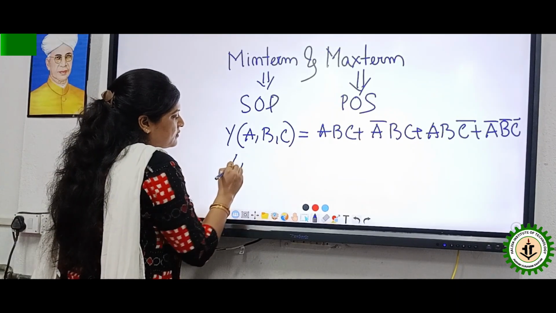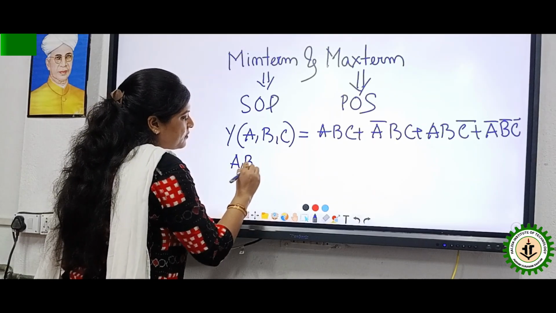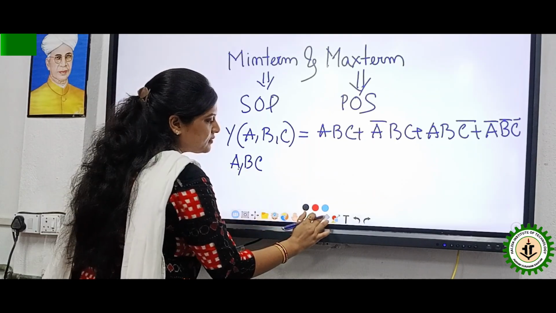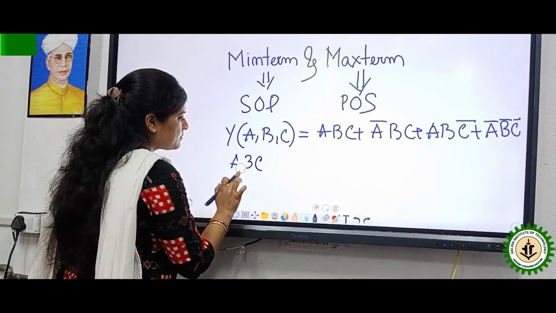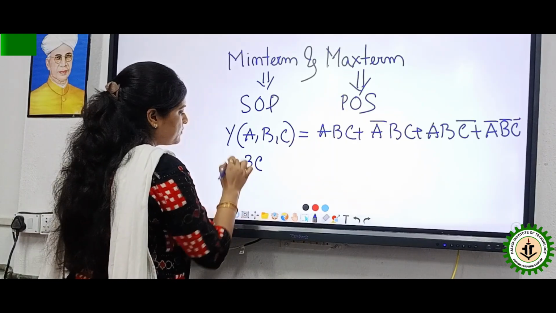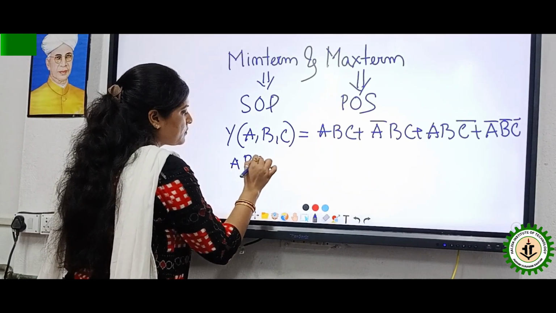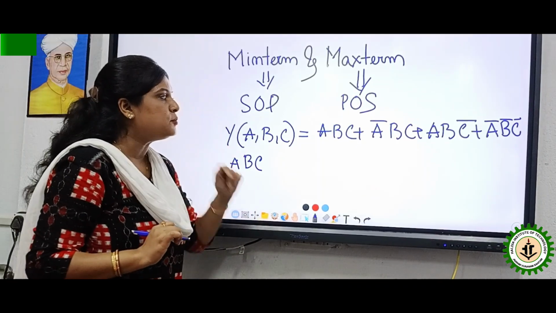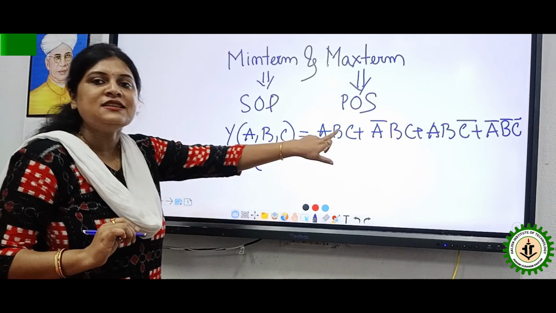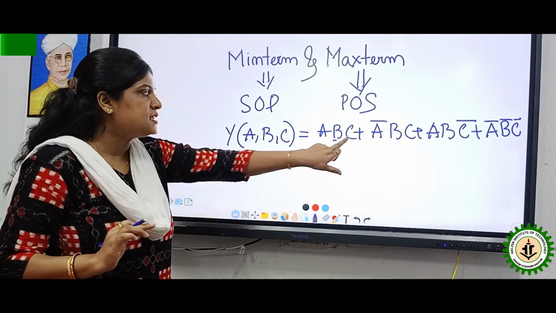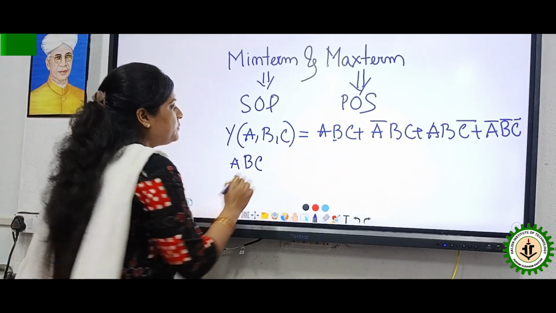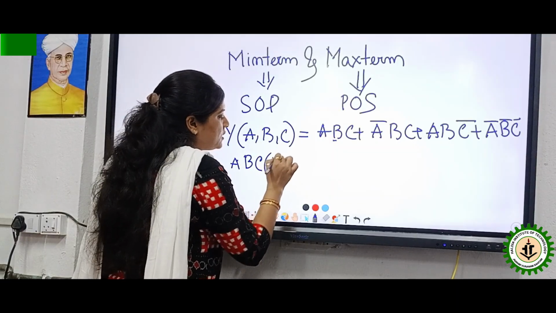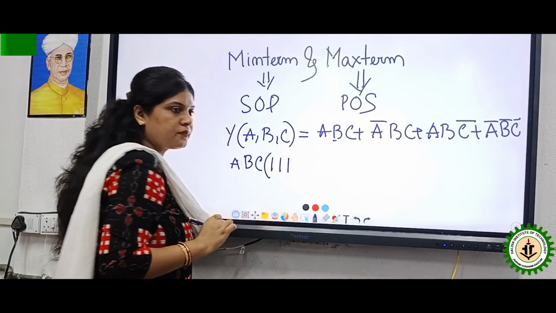First take A, B, C. In min terms, or in SOP, if it's in the normal form of these variables, it will be written as 1, 1, 1.